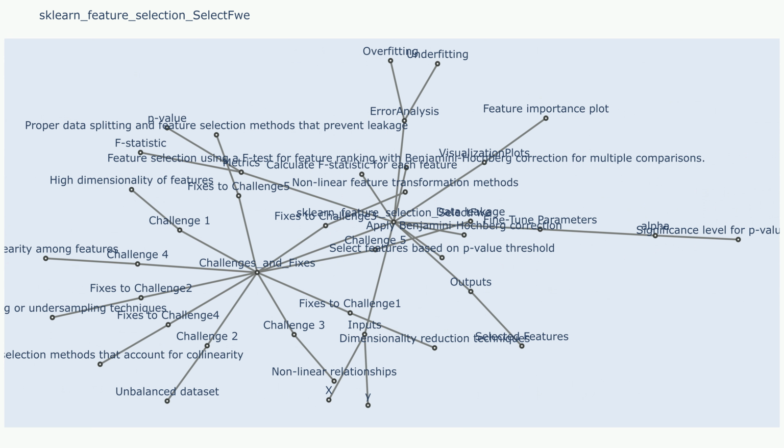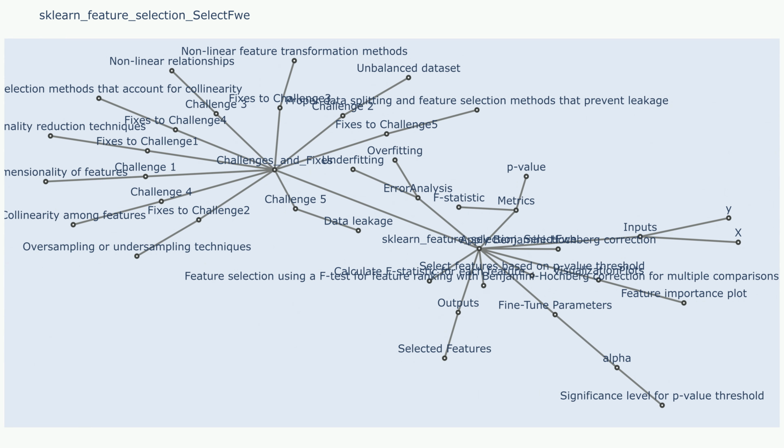Fixes: conduct domain-specific analysis to identify and remove irrelevant features. Use causal inference techniques to identify features that have a causal relationship with the target variable. Employ feature selection methods that consider the causal relationships between features and the target variable.